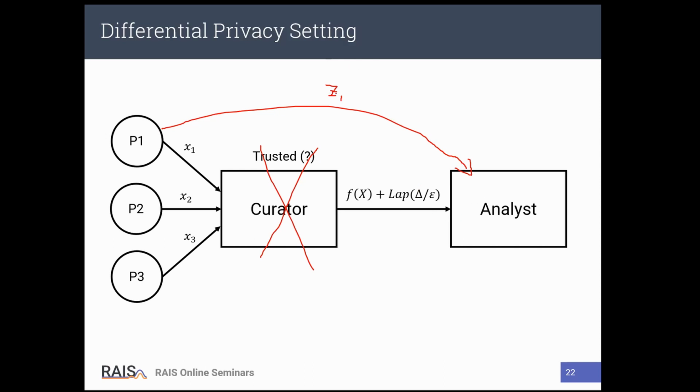And you may wonder now, because before we have been talking about anonymization, and we said that anonymization is disclosing data but removing the sensitive information, how does this differ from anonymization?